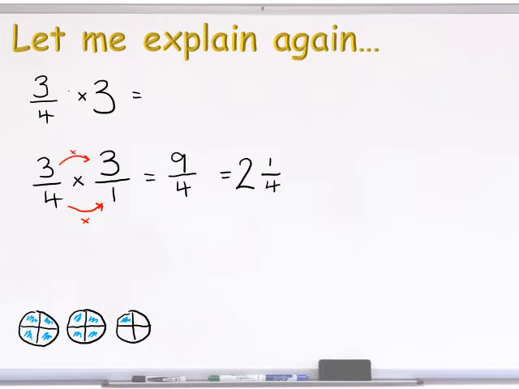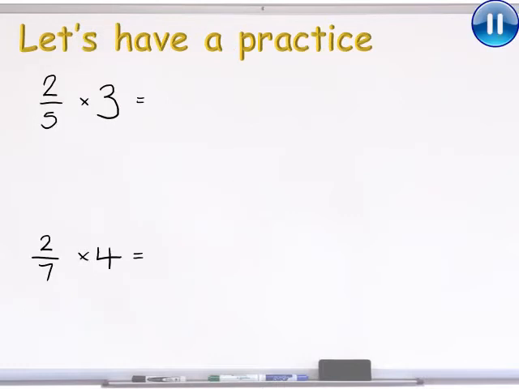Well look, there's one whole pizza, there's another whole pizza, and there's a quarter of a pizza. So that just shows you, right, there's our 2, and then there's our quarter. Alright, hopefully that explains it to you. If not, rewind it and have another listen.